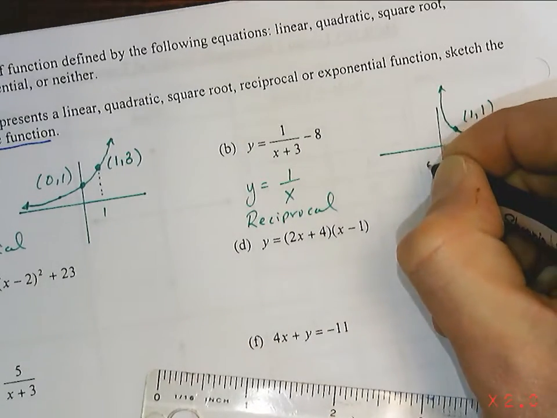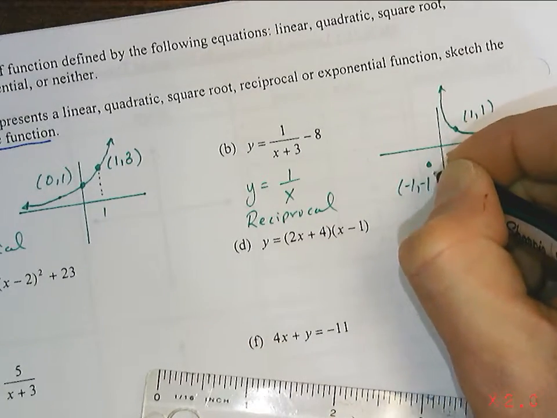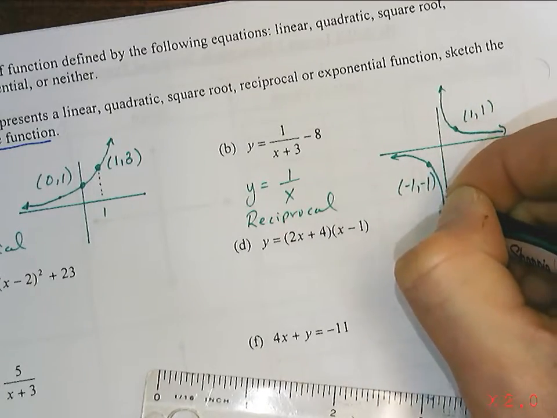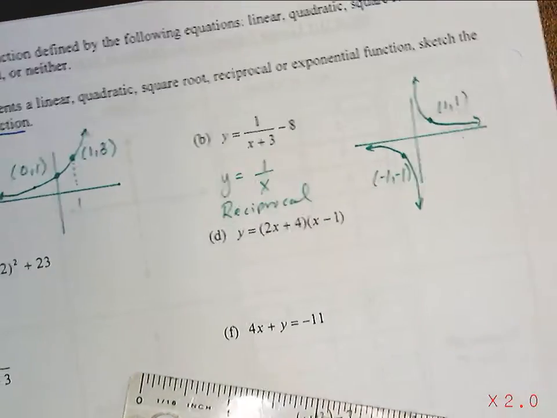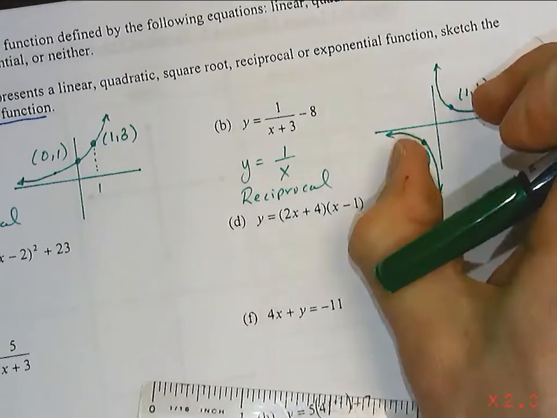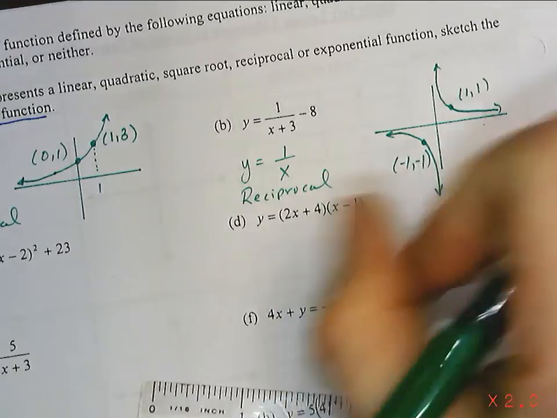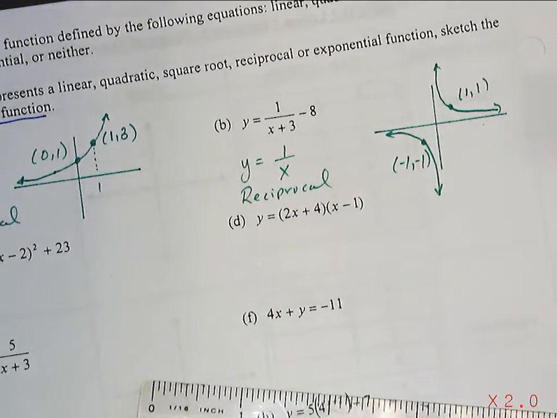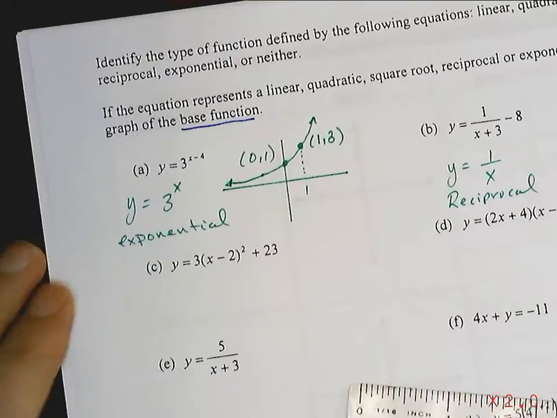And it has the point -1, -1, and it goes like this. And that's the base function. That is the reciprocal function 1 over x. Now this -8 is going to shift the whole thing down 8, and this +3 is going to move it 3 to the left. We remember a little bit about that from grade 10. So that's all that this question's asking you for.